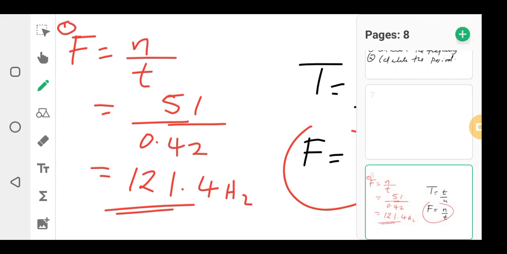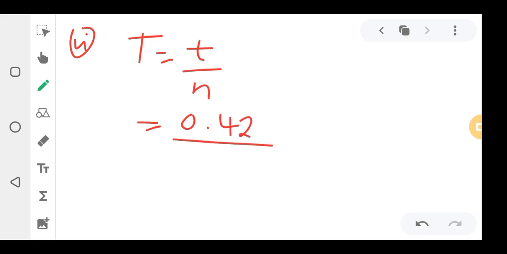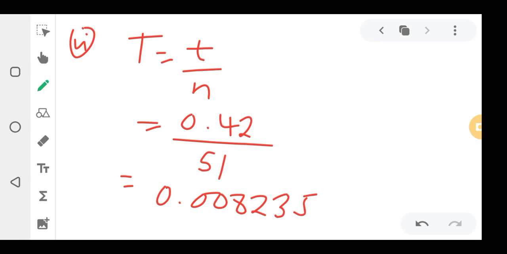What about the answer for question 2 of the same question? It was calculate the period. So period is equal to time taken over number of turns. What's the time? 0.42. Number of turns? 51. So what is 0.42 divided by 51? That will give me 0.008235 seconds.